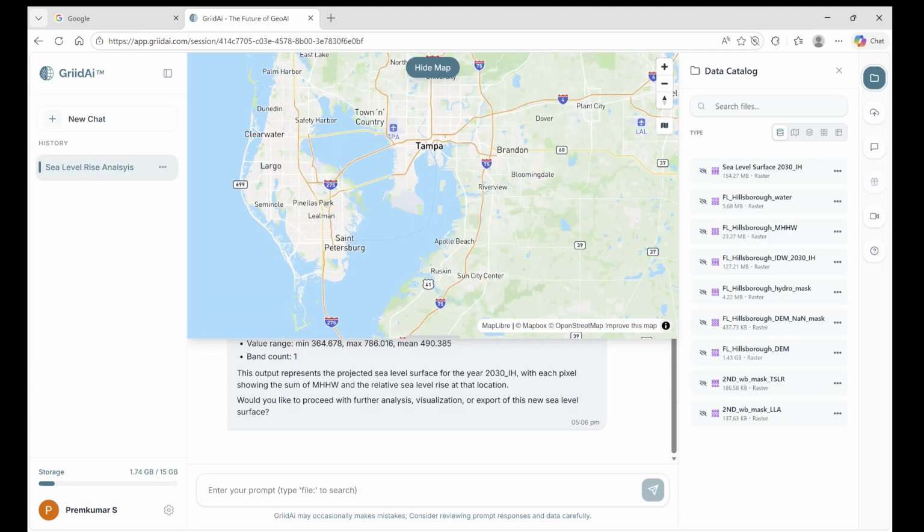Now the next work is to subtract it from the DEM data so that we get the final inundation depth data. What would be the inundation depth wherever the sea level rise is going to happen by 2030. So let us close this map.